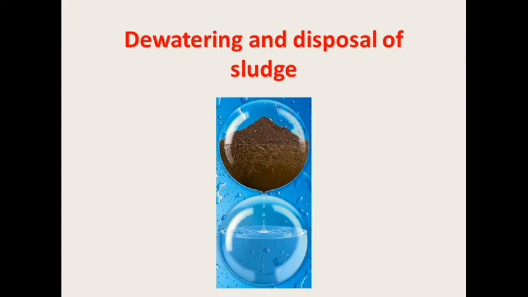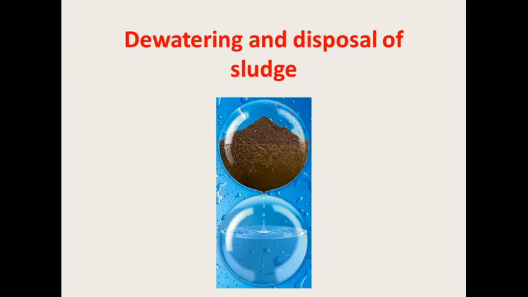The device is aided by multiple rows and provides additional retention time over the horizontal gravity belt. So the gravity belt thickener can also be used for sludge thickening.